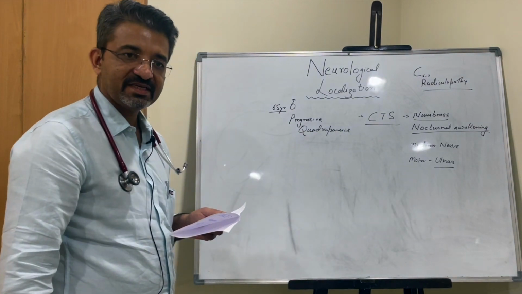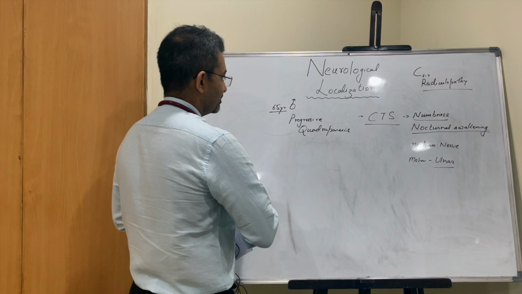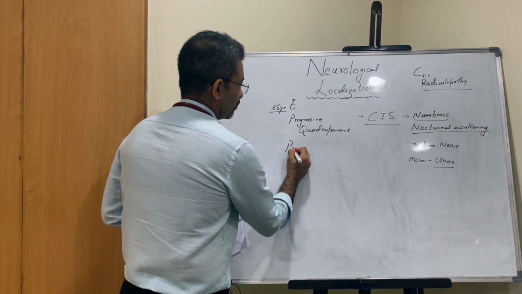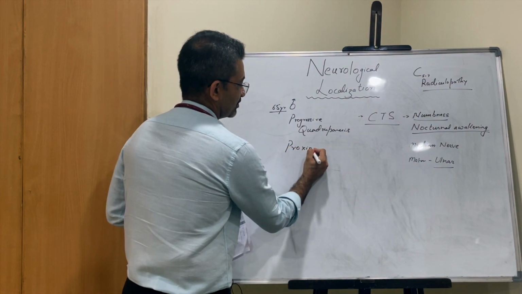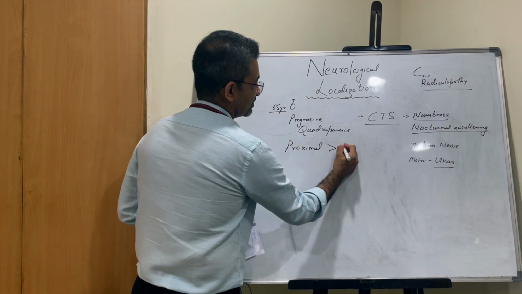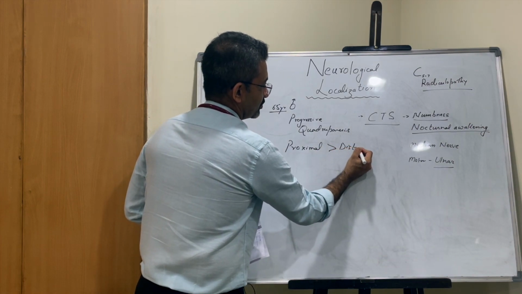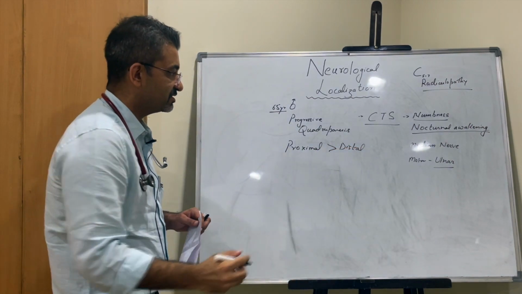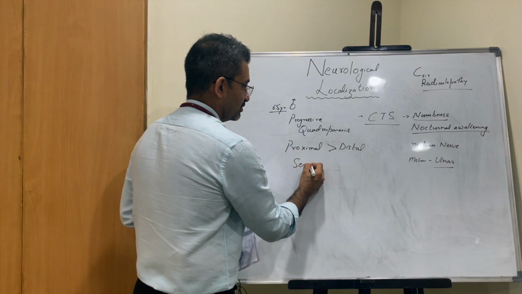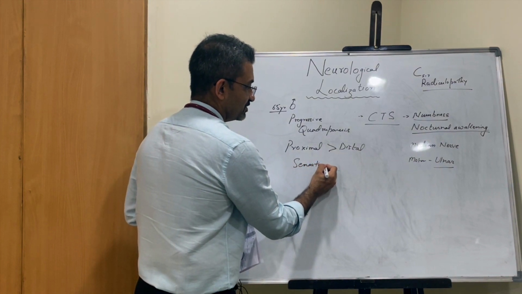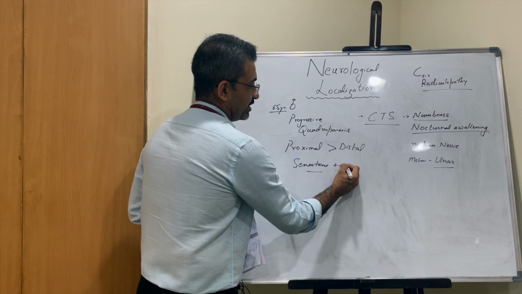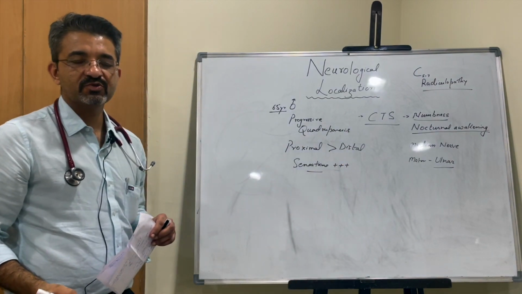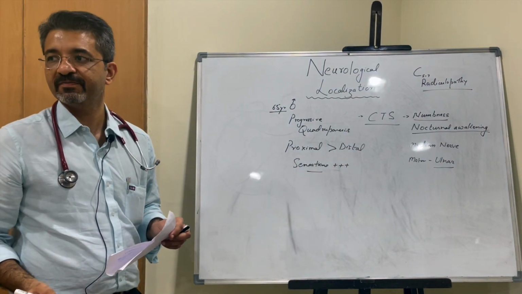Suppose on examination you have proximal muscles more predominantly involved than distal muscles, and the sensations are intact, both posterior columns and spinothalamic tract. So this goes in favor of myopathy.